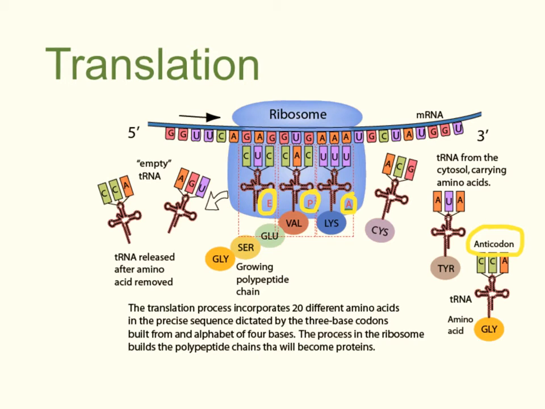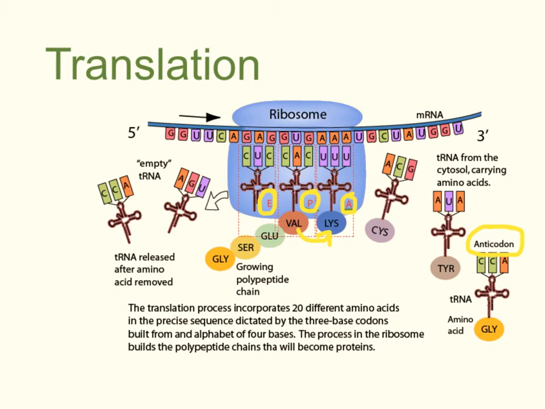The first tRNA anticodon will bind in the ribosome to the mRNA codon at the P site. The next tRNA binds to the A site. The tRNA in the P site will transfer its amino acid to the tRNA in the A site. The ribosome will then shift down the messenger RNA strand, moving the tRNAs to the E and P sites.